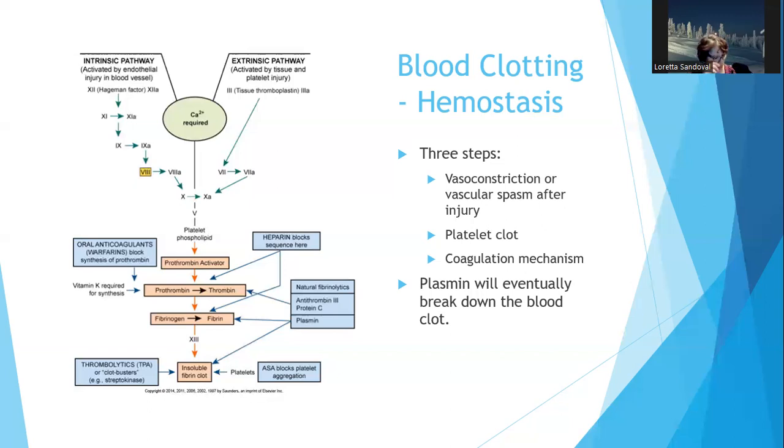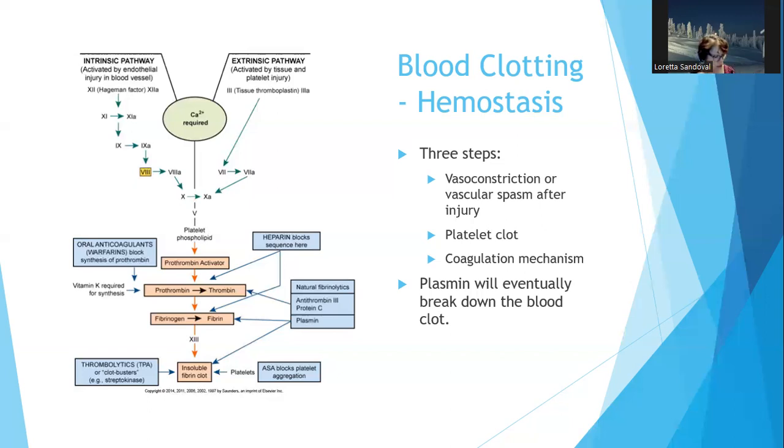So if you have an injury, first the blood vessel is going to constrict. There's a little bit of a vascular spasm. In small blood vessels, that decreases the blood flow and may allow a platelet plug to form. So you get that platelet clot.